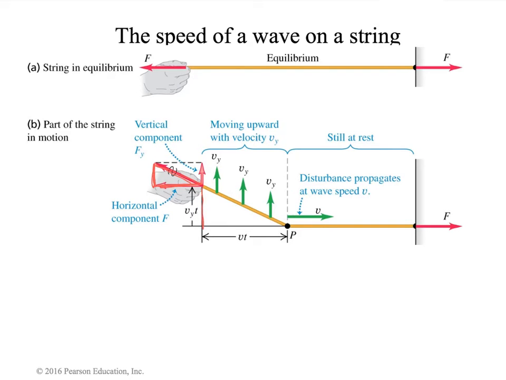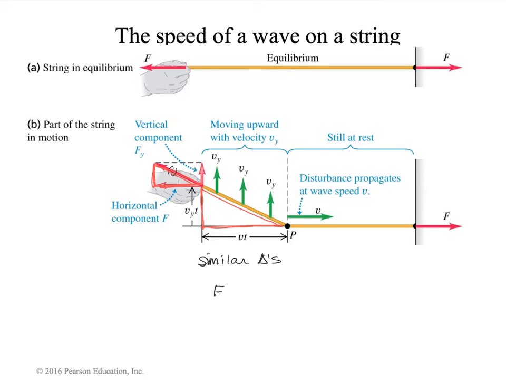But we also have this triangle right here that deals with the amount of string that's been displaced and how much the end of the string has moved up. Both of these triangles are similar triangles.